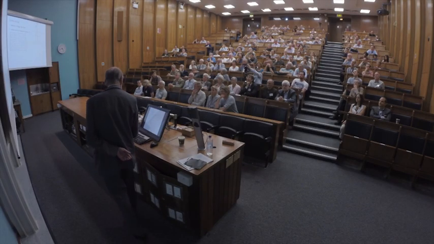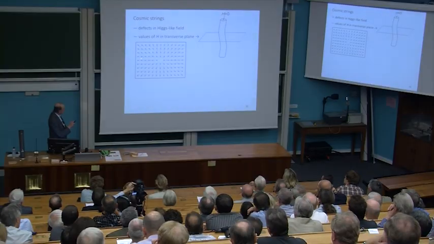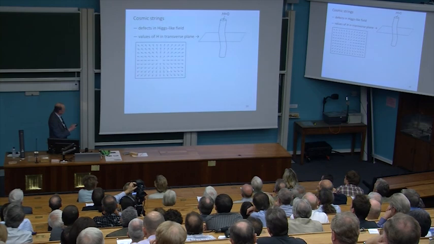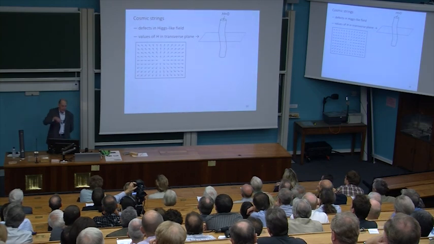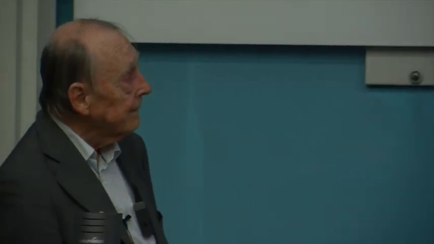The Higgs field doesn't have a direction in space, but it has a direction in this conceptual space with two components, H1, H2. And you could imagine a situation where if you go around a big loop, this direction rotates by 2 pi, 360 degrees.